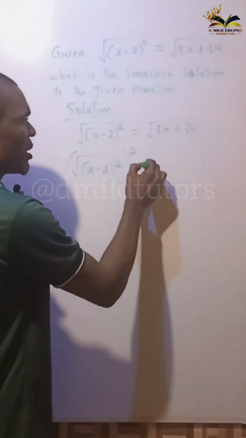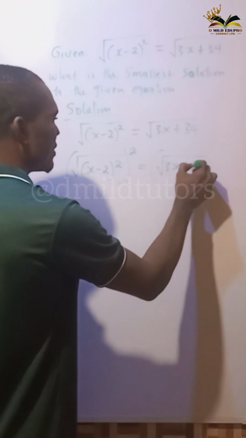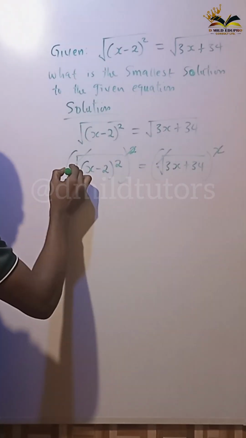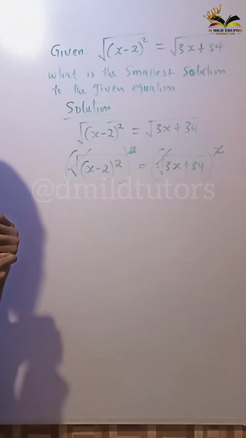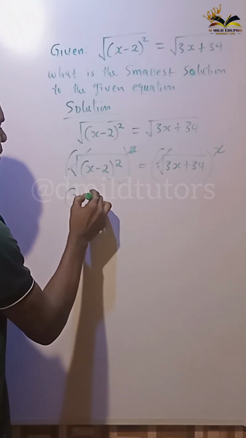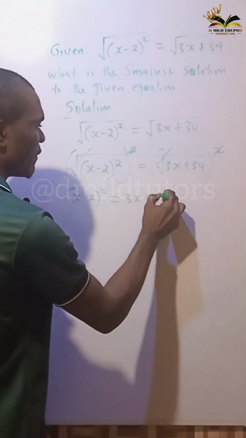The square cancels the radical, so you see the essence of taking the square when you have radicals. Now we are left with x minus 2 raised to power 2 equals 3x plus 34.